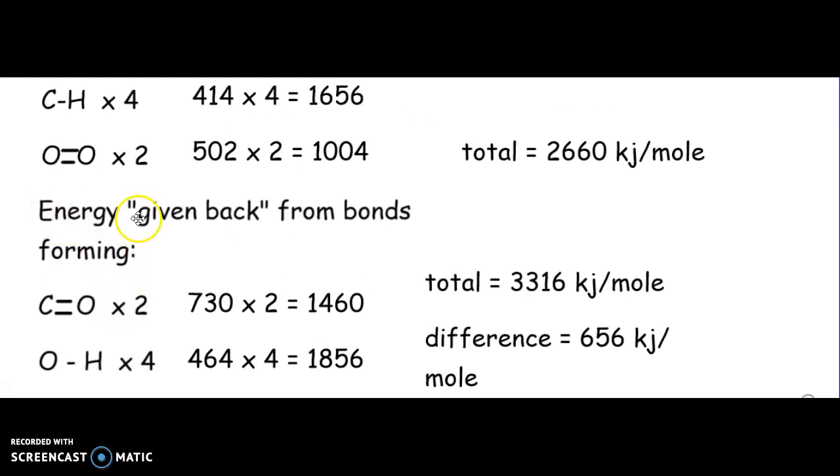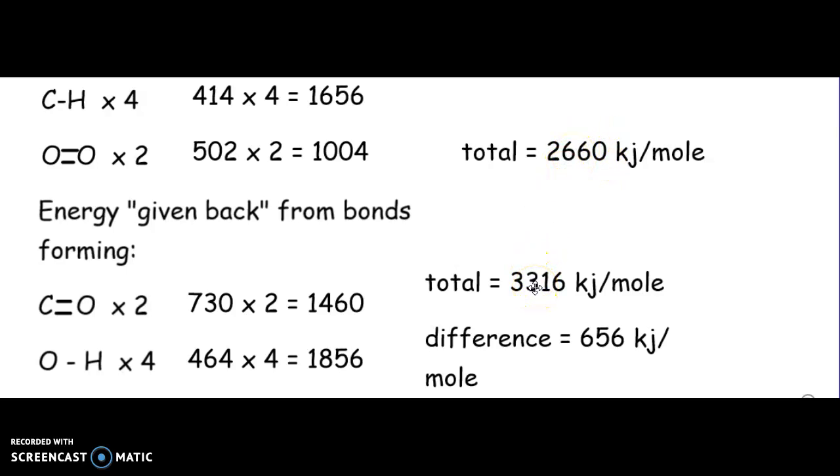If we then take a look at the energy given back from the bonds that are forming, we've got two CO double bonds that are worth 730 units of energy, four OH bonds, which are worth 464 units of energy. The total of those two is 3,316 kilojoules per mole, which of course is significantly more than the amount of energy needed to take apart the ingredients.